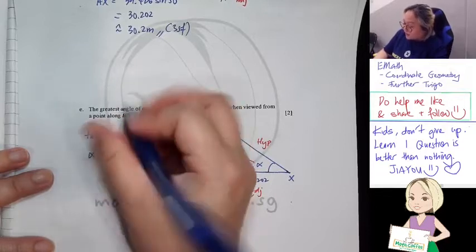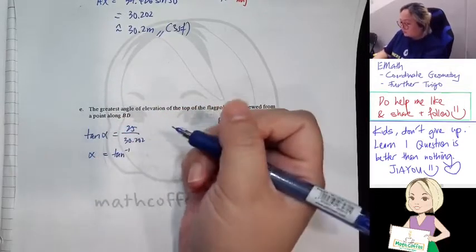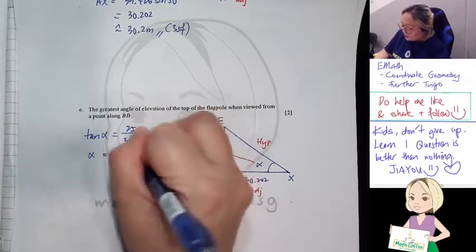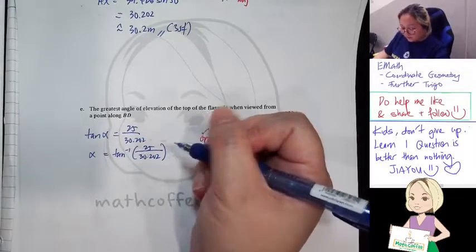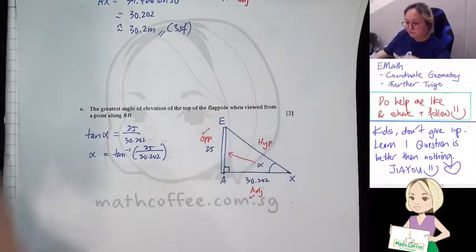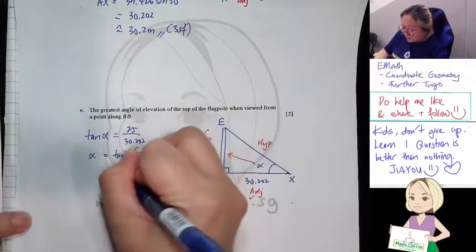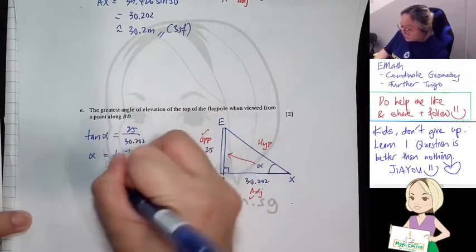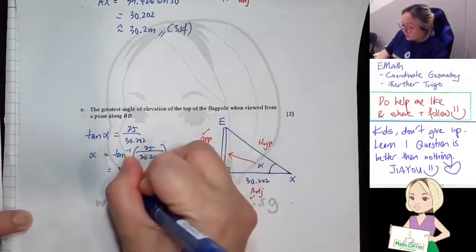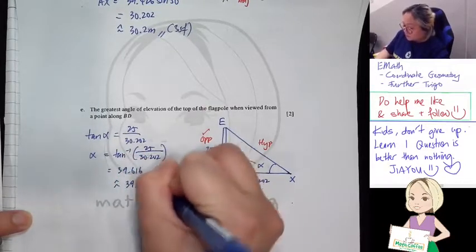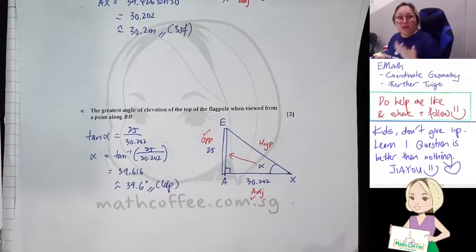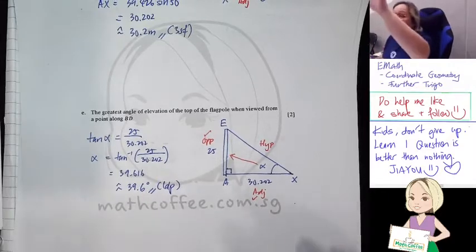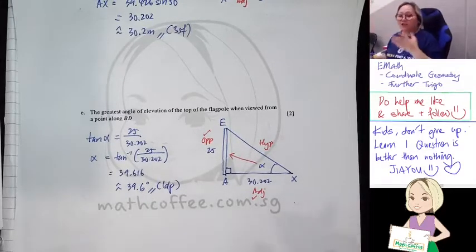So my alpha, which is the angle of elevation, is tangent inverse of 25 over 30.202. That will give us 39.616, and round it off to 1 dp because this is an angle, so 39.6 degrees. Done. So this is how you find the greatest angle of elevation. Whenever they tell you to look up to some pole or look up to the building, always find the shortest distance. Easy.